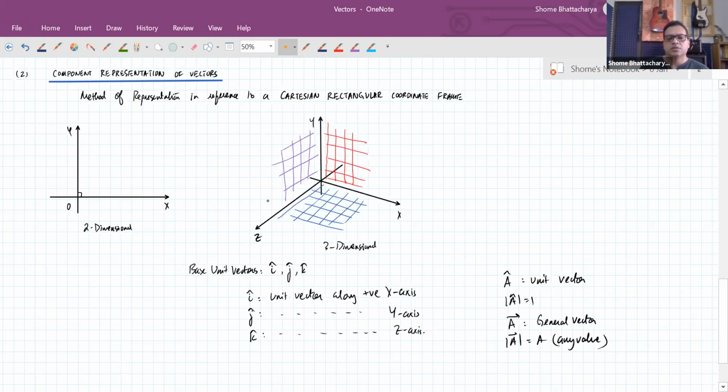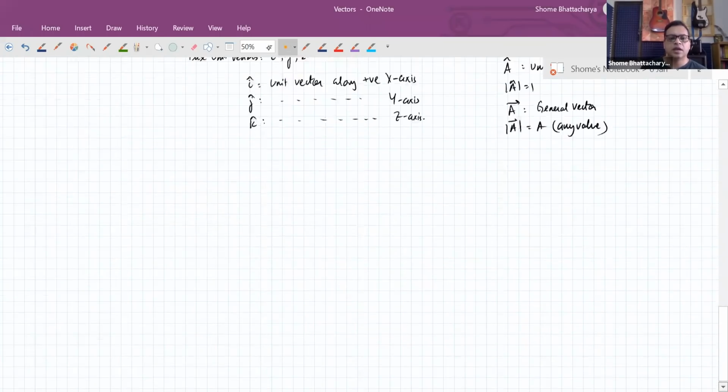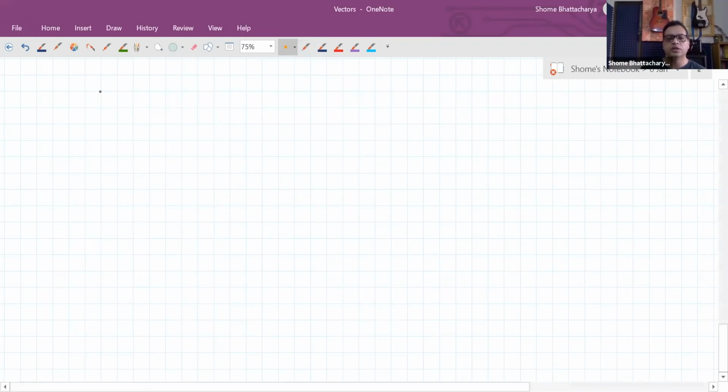Anyway, right. So when we represent a vector using the component notation, the vector is written rather than drawn, as a sum of 3 mutually perpendicular components.